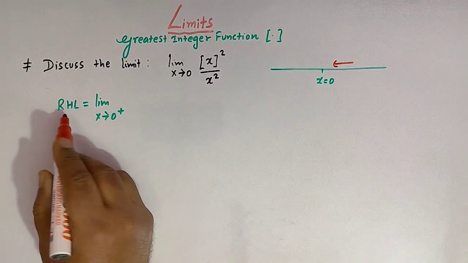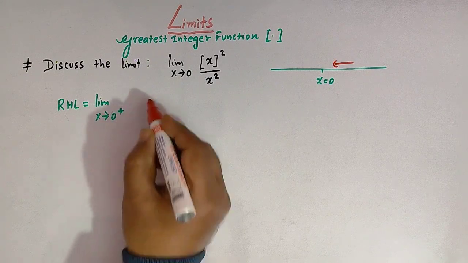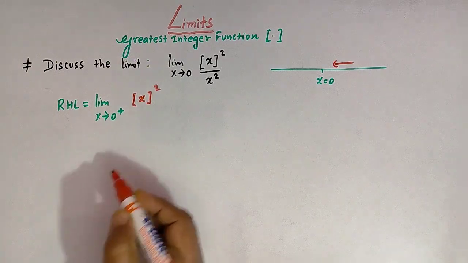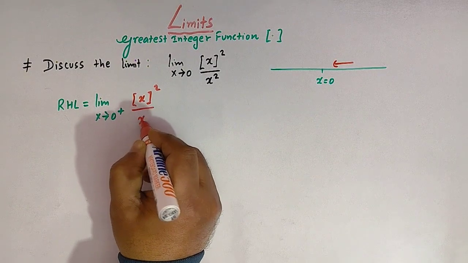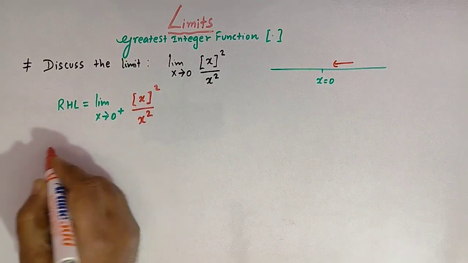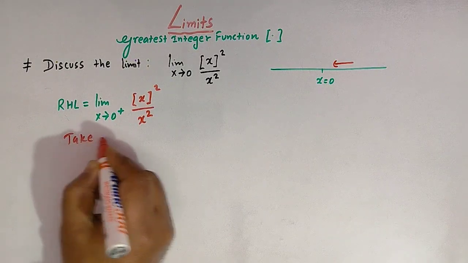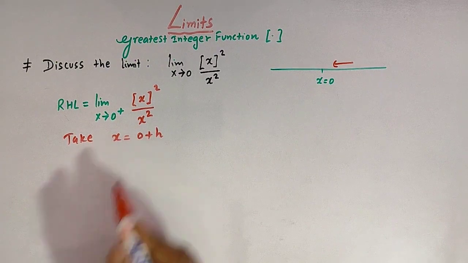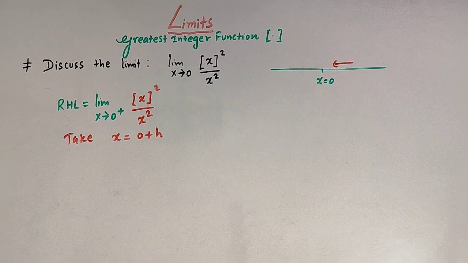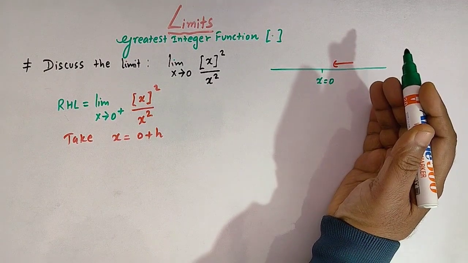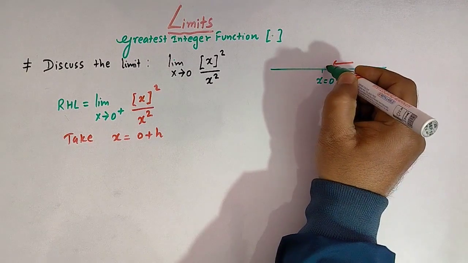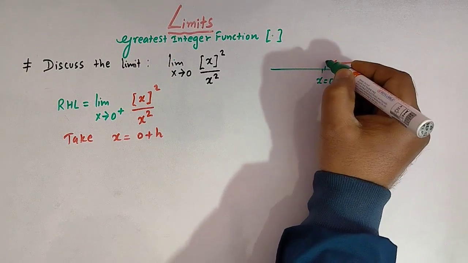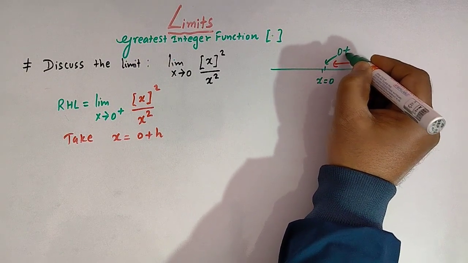So here the limit is x tends to 0 plus, and we have the function the square of greatest integer of x divided by x squared. Now we'll take x equal to 0 plus h, because we are approaching from the right of x equal to 0, somewhere very close to it. So this point is 0 plus h.